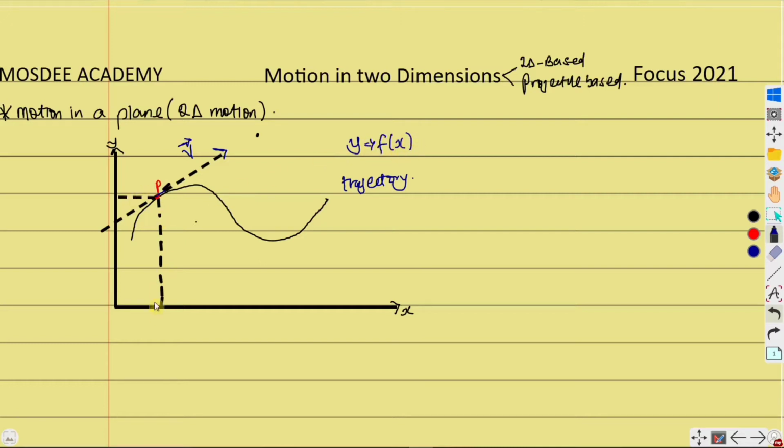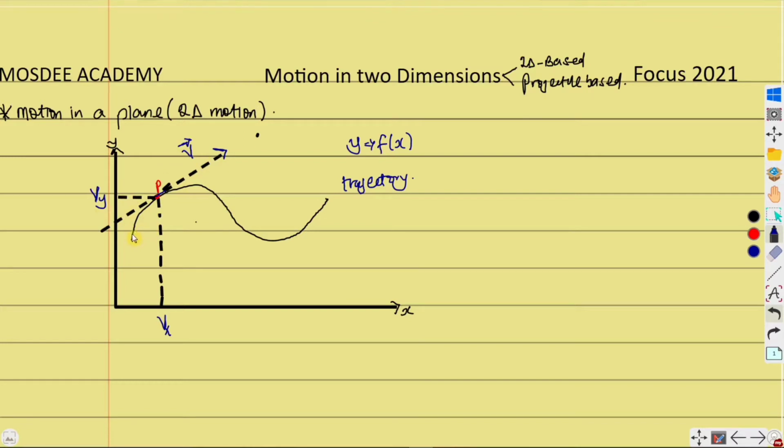At different instants of time, we can have two values of velocity. One is moving in the x direction, we can say vx, velocity along the x direction, and the other one moving here, we can call vy. So you can see that the representation of a body that is moving in both the x-axis and the y-axis is called motion in two dimensions.